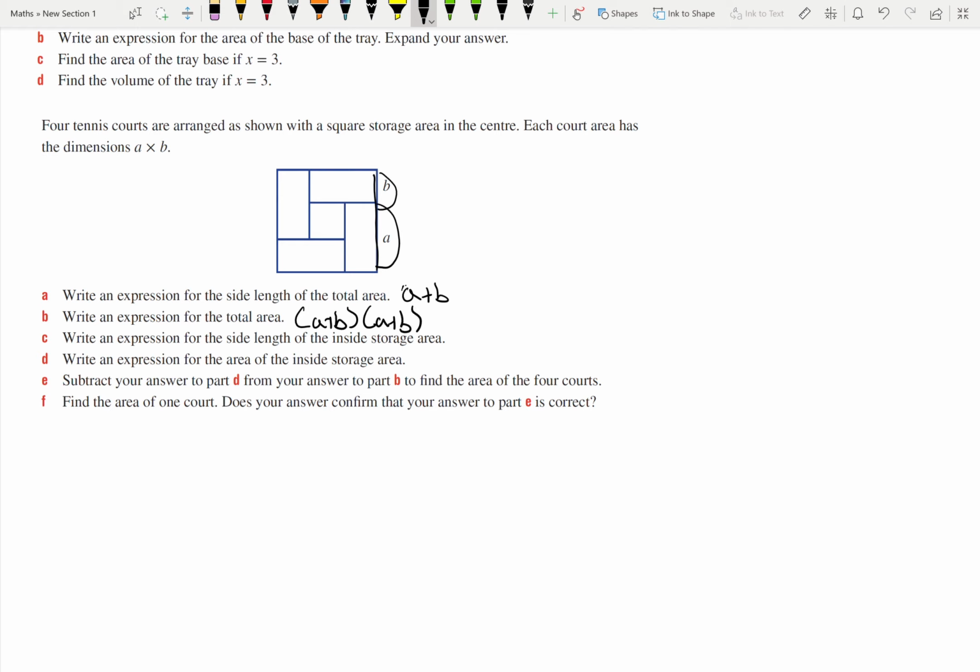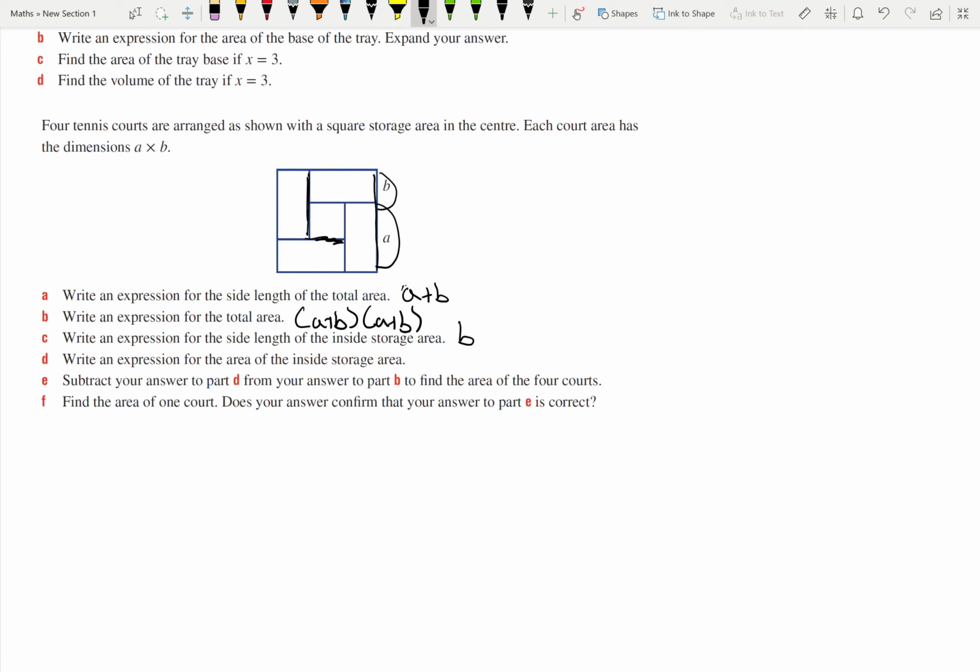Write an expression for the side length of the inside storage area. Well, that would just be b, since the total side length is simply this much, and I think you can figure out that a is clearly the larger length of that one side, therefore it amounts to b. And write an expression for the area of the inside storage area.